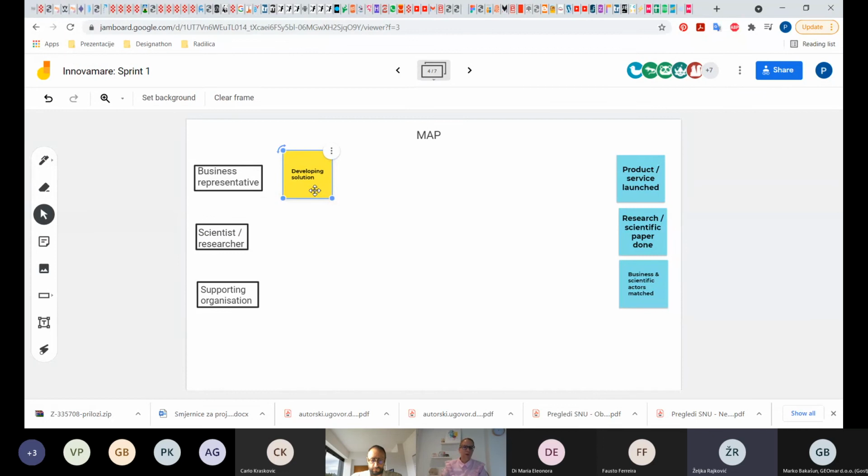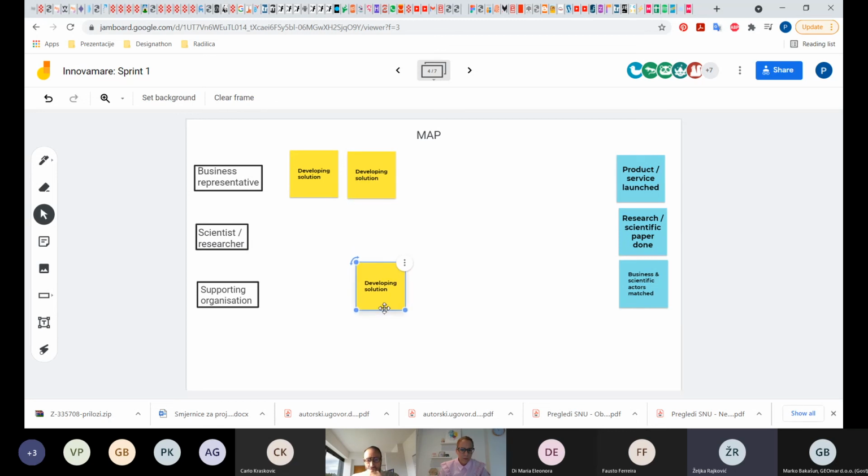The idea is to have, let's say, offers and requests on the web platform, and the job of the supporting organization will be to find the matching.